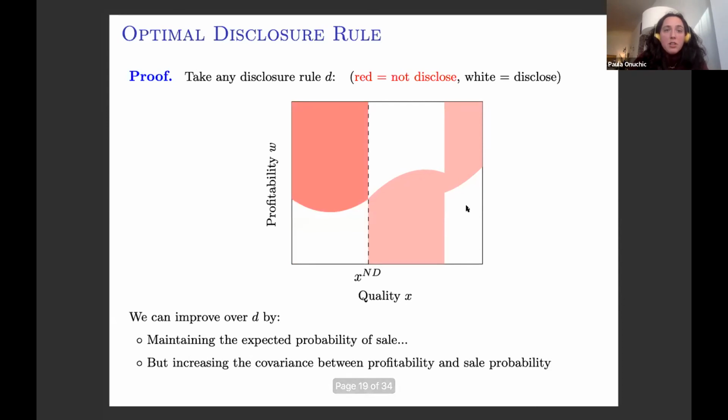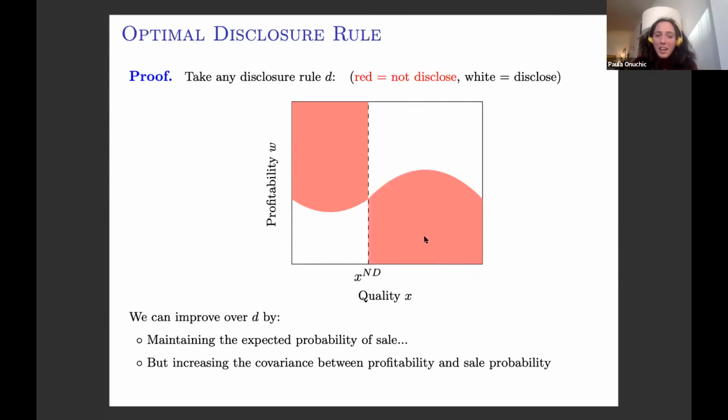So as I said, I can flip it this way. And then whenever I take this X hat that is actually higher than the X and D, in that case, I'm happier if the signal gets disclosed, and sadder if the signal gets concealed. So what I do is, again, I flip it. So I reveal it for the high profitability guy, and I conceal it for the low profitability guy. And that part was already the correct way up.